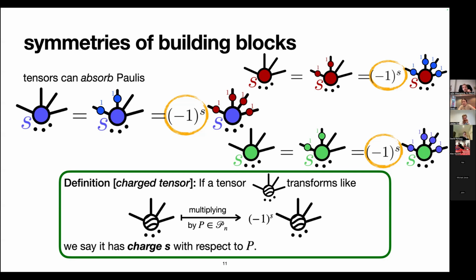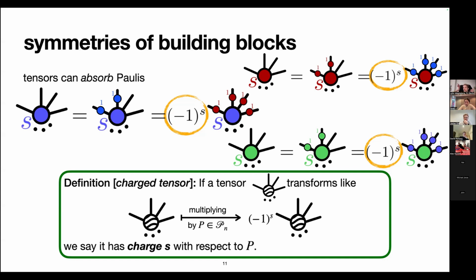And is the shaded spider what you meant by the Y spider, or in other words, the green spider? We say any tensor that transforms like this, we call this. And now it turns out that these three tensors that we have on the top, the blue tensor is charged with respect to the XXXXX.